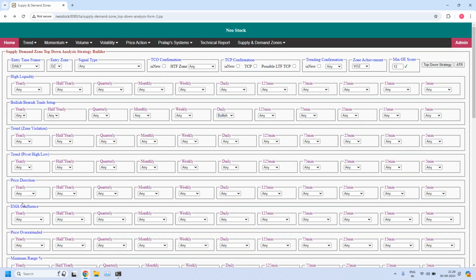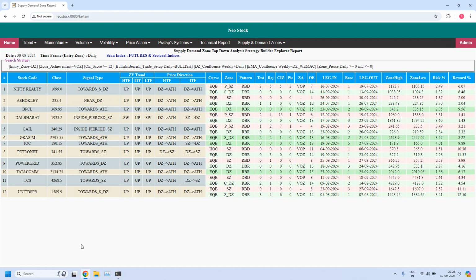So I am going back to the EMA confluence at a weekly time frame. I am verifying weekly demand zone with weekly EMA confluence, because the daily zone is part of this weekly zone and weekly trend is up, and also it is having weekly EMA confluence. They are high probability setups. So 12 stocks are filtered, and all these 12 stocks are having high probability setup.